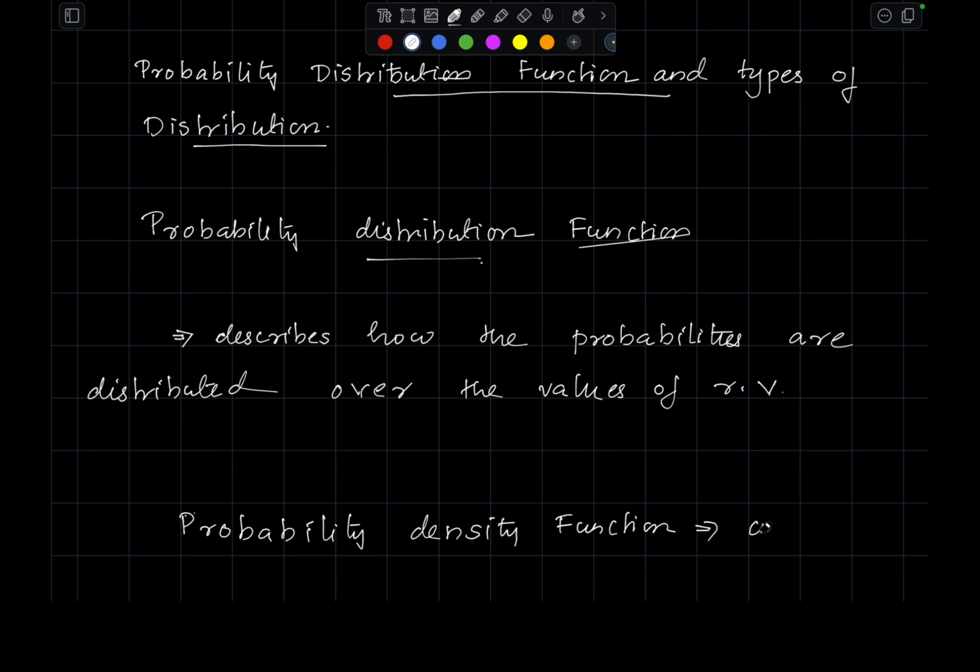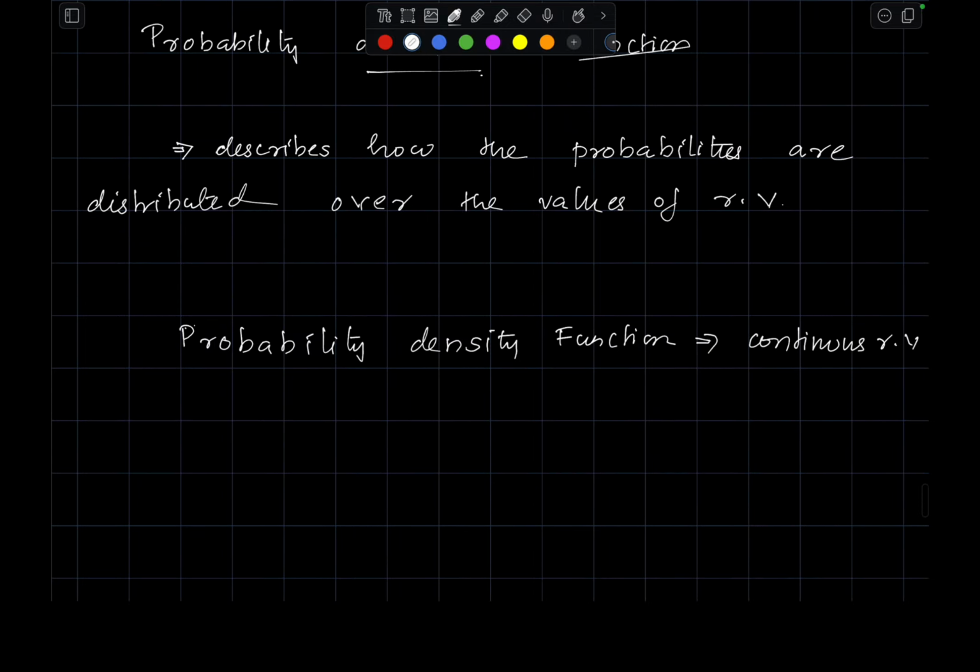So this term is particularly used for continuous random variable. And then probability mass function will be used in case of discrete random variables.